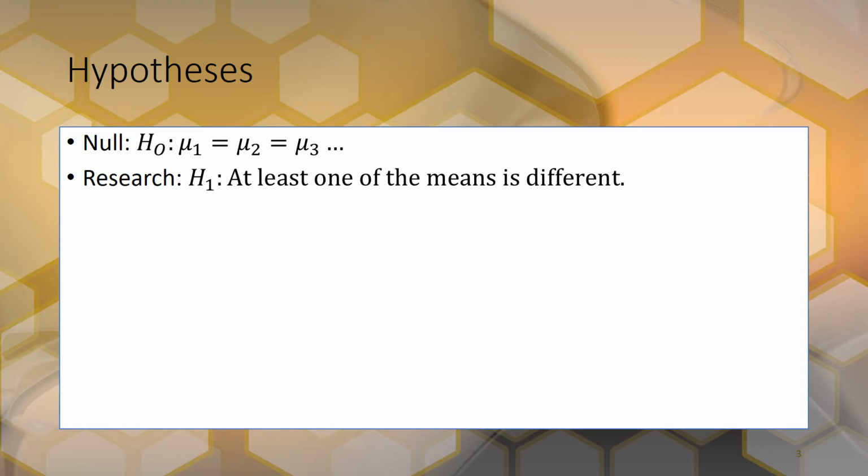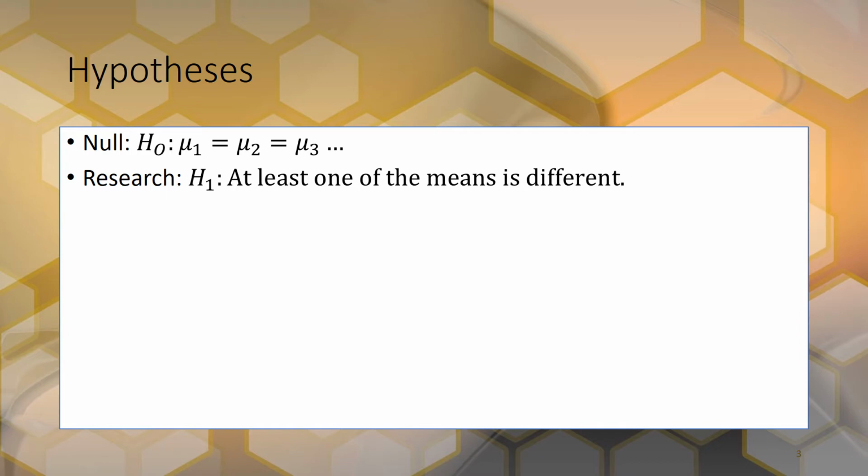Then the research hypothesis has to be written in words, and that's because there's a lot of possibilities that could happen, and we're saying it's one of these possibilities. So we say at least one of the means is different. And this could mean a lot of things.